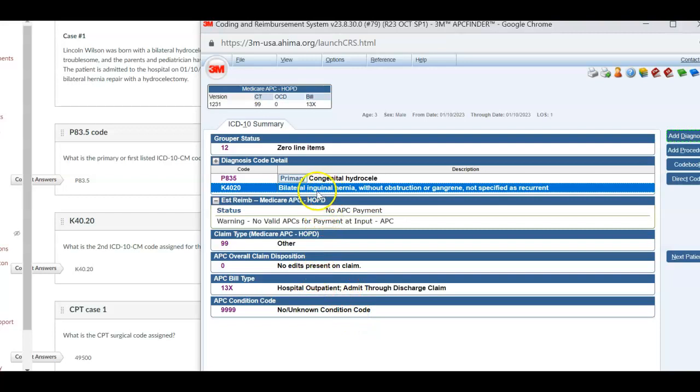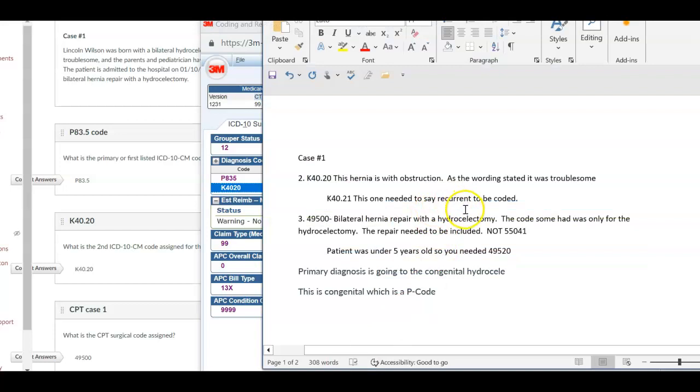And that one here is going to be for the bilateral hernia, not specified as recurrent. Some of you went ahead and put in recurrent, so keep that in mind. This hernia is with obstruction. That's why we went with K40.20. The wording for this for the obstruction is going to be troublesome.